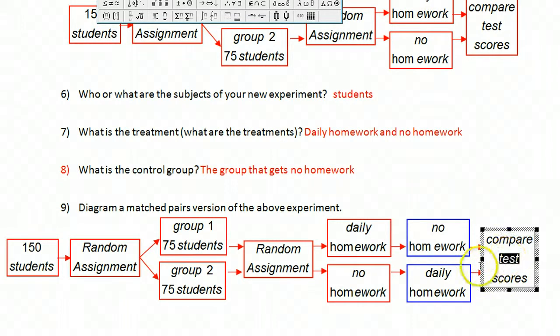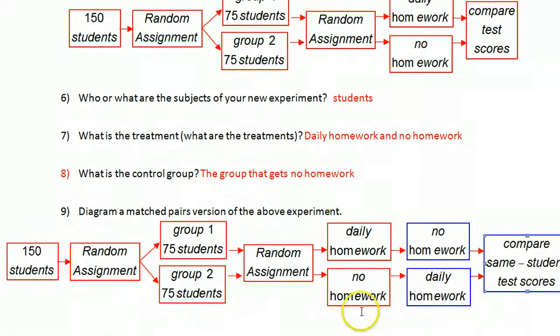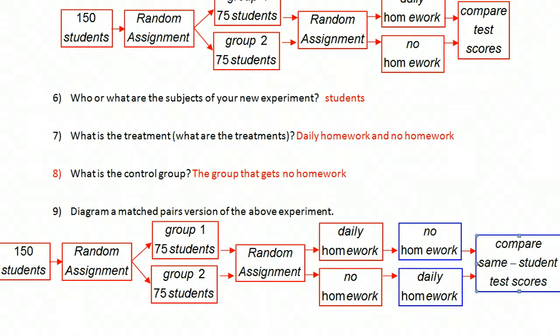Instead of saying compare test scores, I'm going to say compare same student test scores. I can barely fit it in my little window here. Yeah, compare same student test scores.